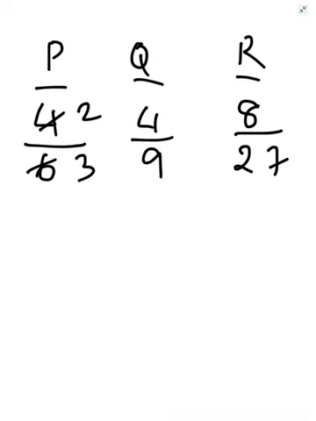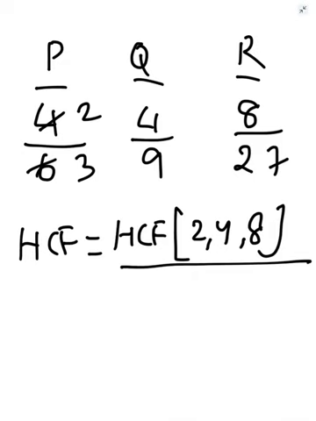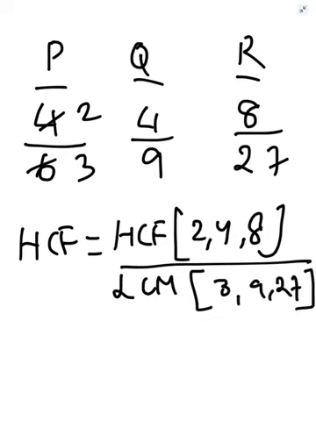Now I can apply this formula. HCF of these fractions is HCF of numerators, that are 2, 4 and 8, divided by LCM of denominators, 3, 9 and 27.